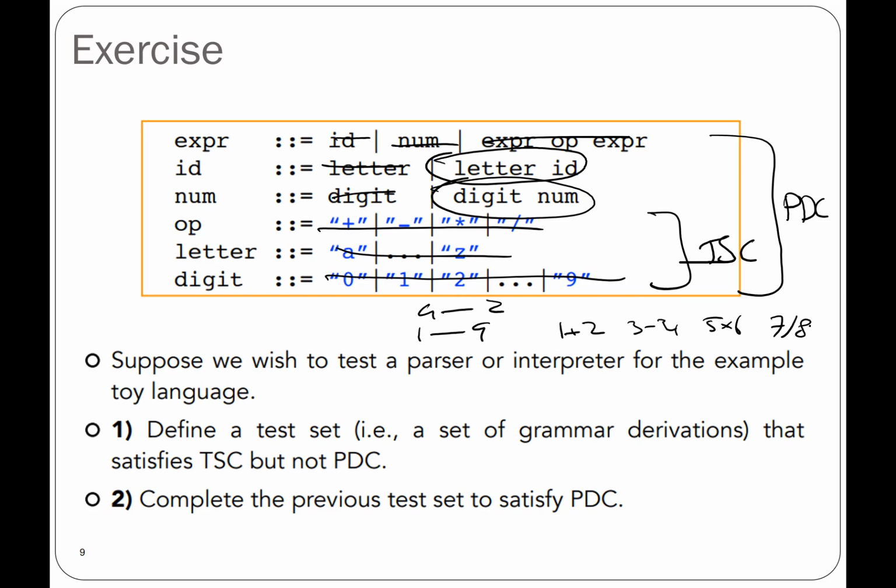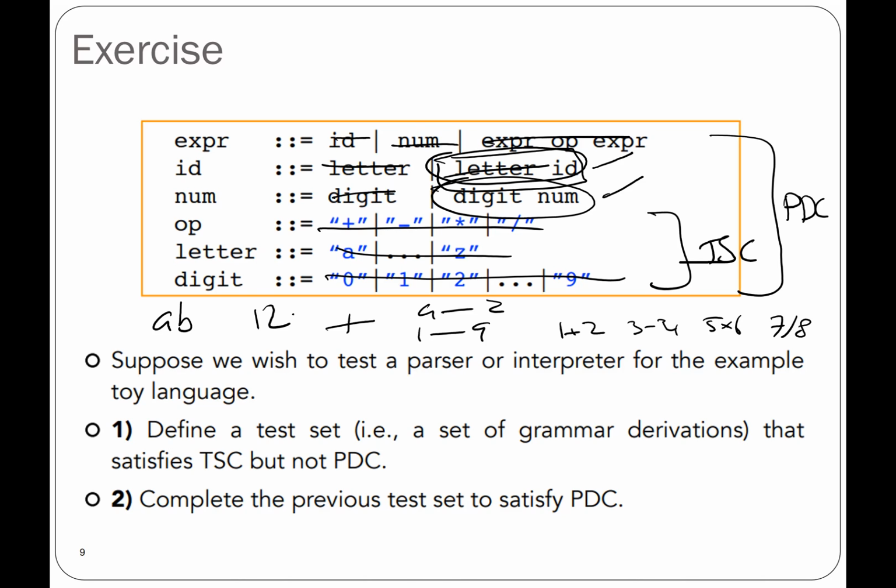Now, in order to cover PDC, I need something to satisfy this one and something to satisfy that one. So this basically means I need something that is more than one letter. If I have something called AB, that would satisfy this. And for the digit num, I need something that is more than one number. So maybe 1, 2.